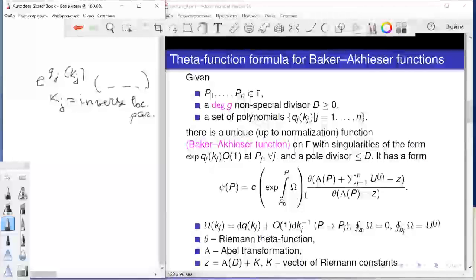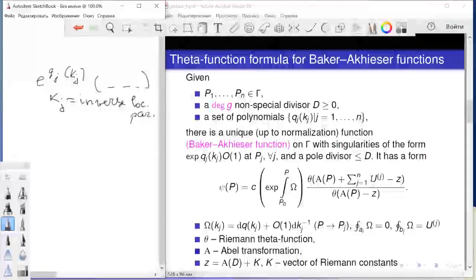What is what here? There is no question about theta here, it is the Riemann theta function. A is the Abel transformation as earlier.